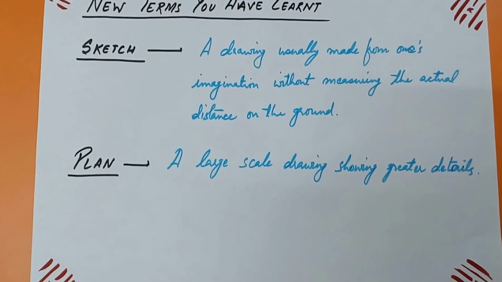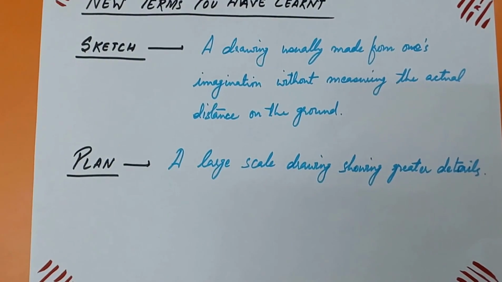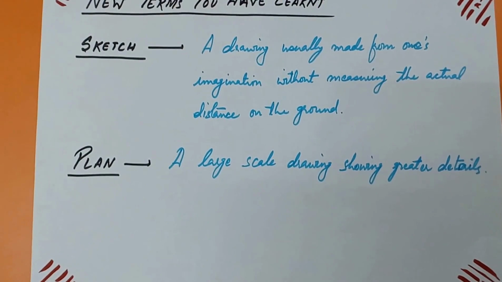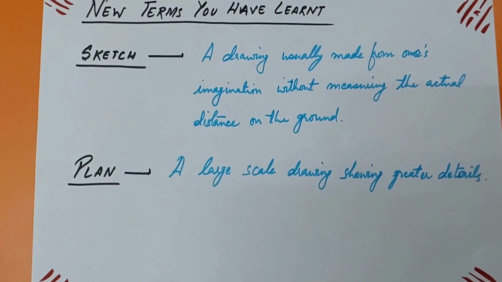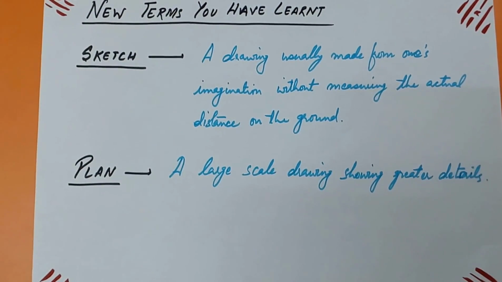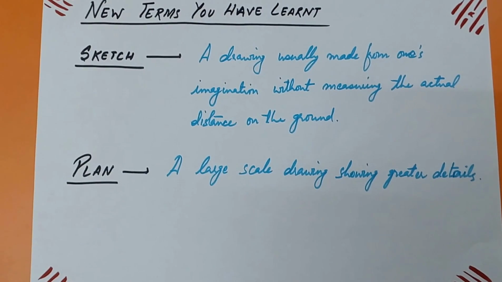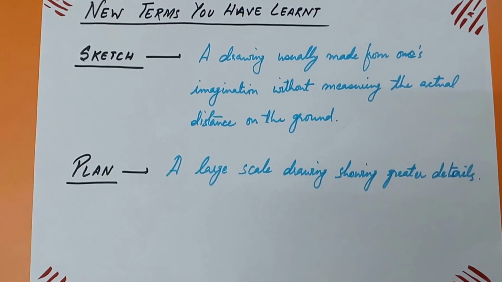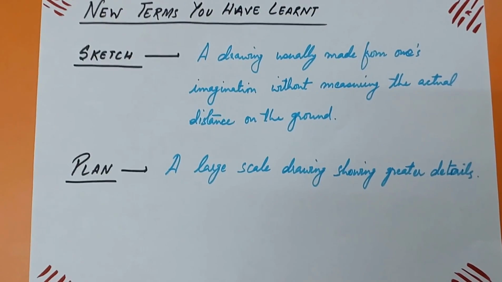While the second term is plan, a large scale drawing showing greater details. Plan is used where accuracy is needed, for example when we use tiles for the room, we measure with accuracy. In such cases, we will use plans.